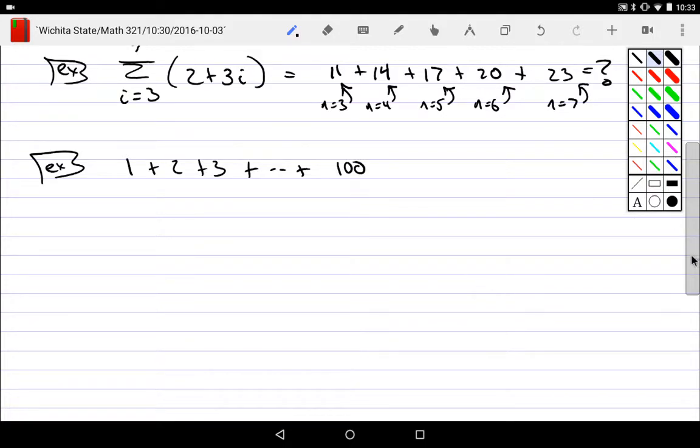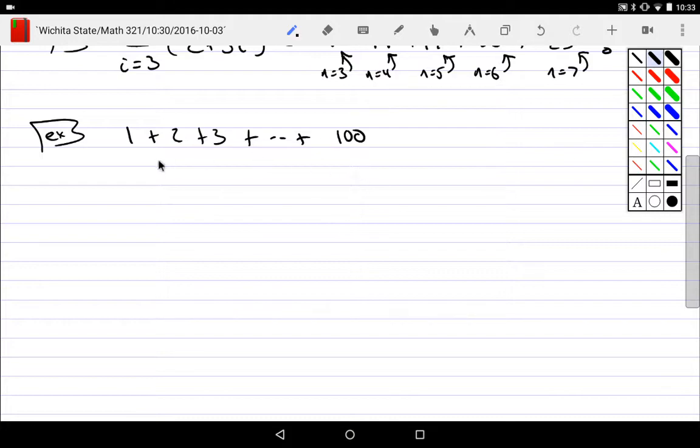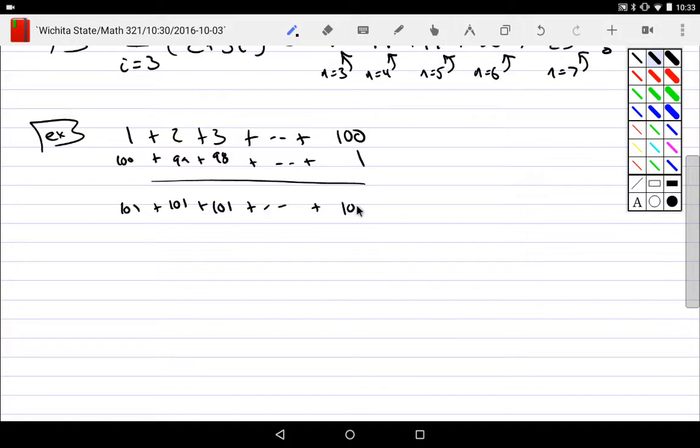What the student had done was simply recognize that adding 1 to 100 is the same thing as adding 100 down to 1. And if you would do this, this would be just simply 101, and then another 101, and then another 101, and then another 101. And how many 101s are there?